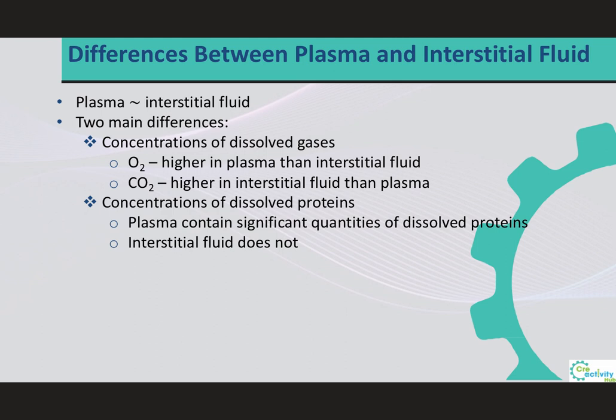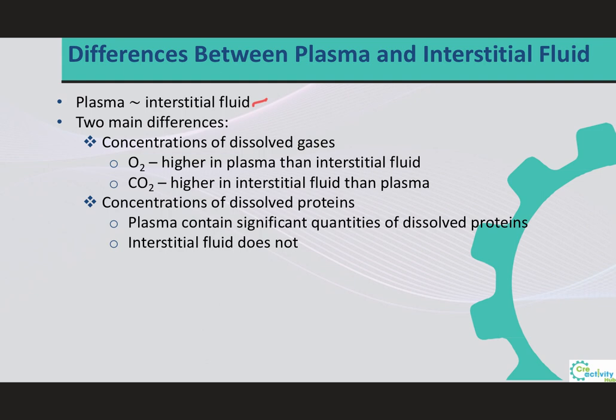In many respects, the plasma will resemble the interstitial fluid. For example, the ion concentrations in plasma are similar to those of the interstitial fluid, but are very different from the ion concentrations in the cytoplasm, which is inside of the cell.